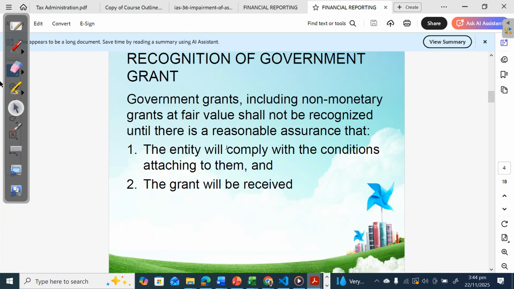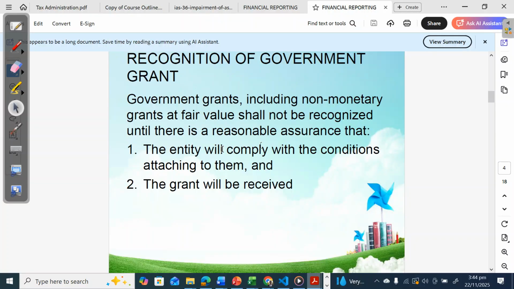So if the government has given you a grant to build a new factory, that's the condition. You have to use the money to build the factory. If you know that you will not use the money for the factory, then you shouldn't recognize the grant. So these are the conditions.